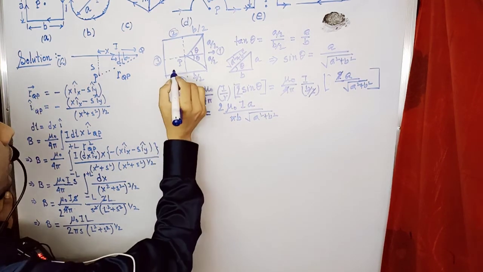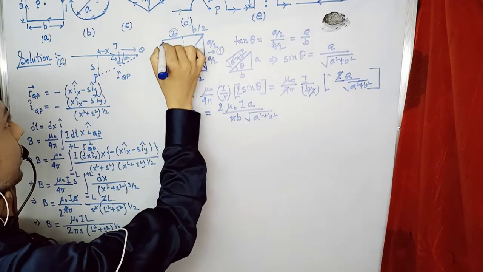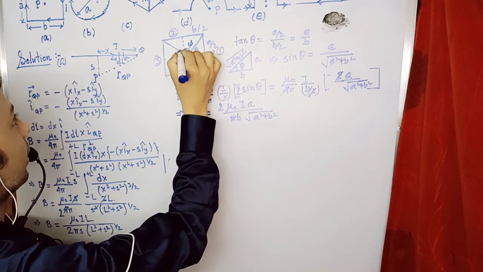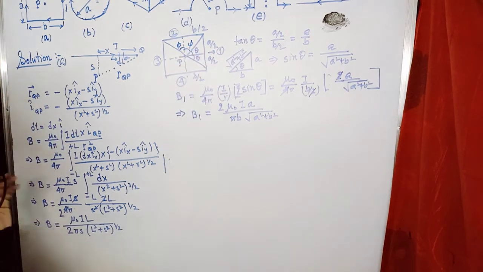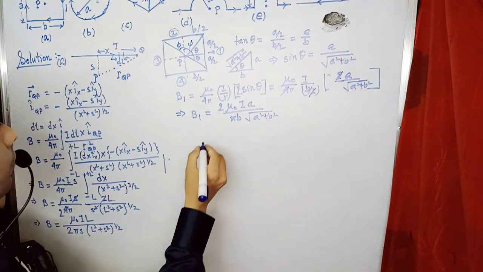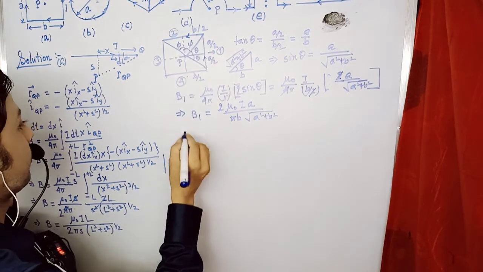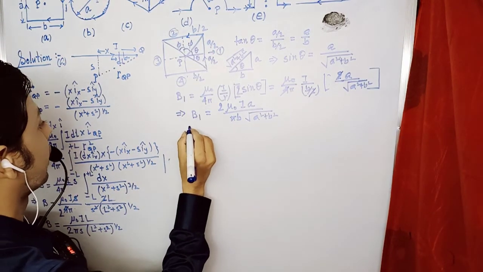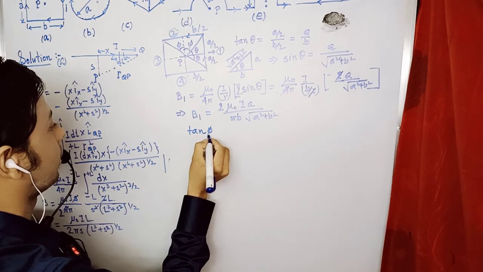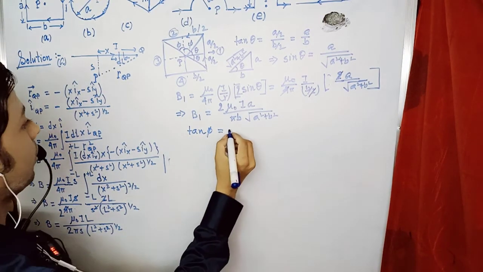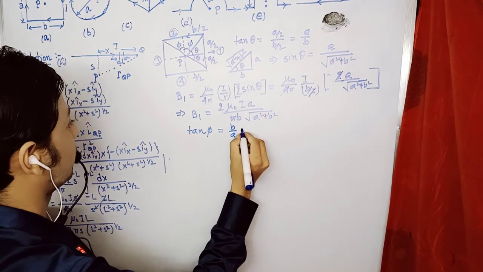Similarly, if we want to find this angle, let this be phi and this angle is again phi. So from this diagram, we can write tan phi is equal to b divided by a.